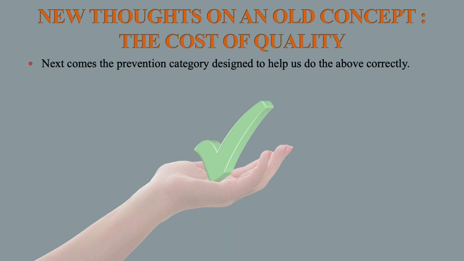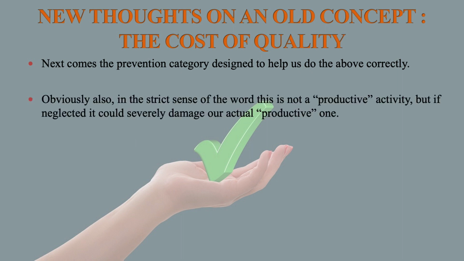Next comes the appraisal category, designed to help us do the above correctly. Obviously, in the strict sense of the word, this is not a productive activity, but if neglected, it could severely damage our actual productive one.